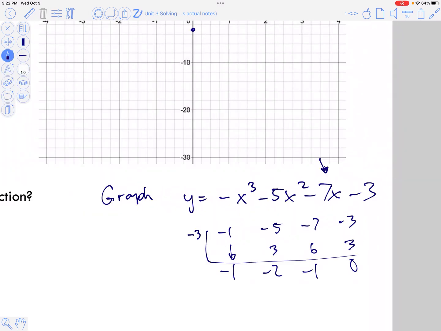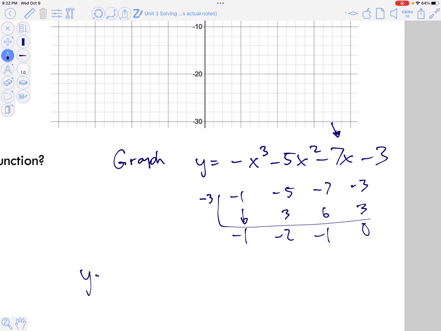All right, so we know that -3, so if I write it in factored form, I'm going to get an x plus 3, right? The root is -3, but in the factored form it would be x plus 3. All right, so now I have negative x squared minus 2x minus 1. Let's see real quick.